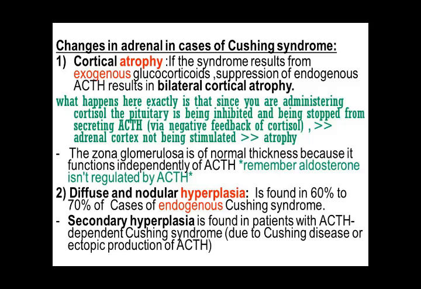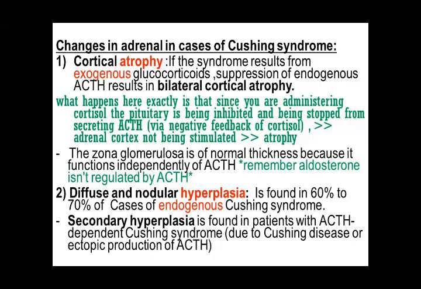When ACTH is not produced, the normal functioning of the adrenal gland will diminish. It will become shrunken in size. This causes bilateral cortical atrophy. What happens here exactly is that since you are administering cortisol, the pituitary is being inhibited and stopped. I have told you this is negative feedback.